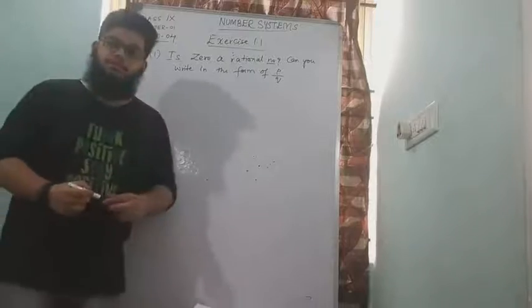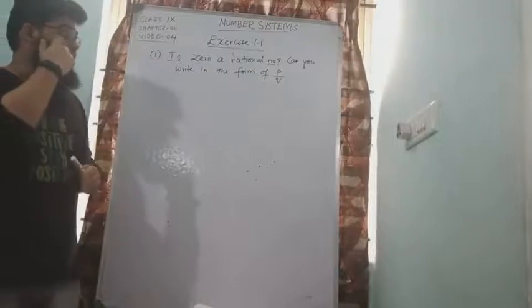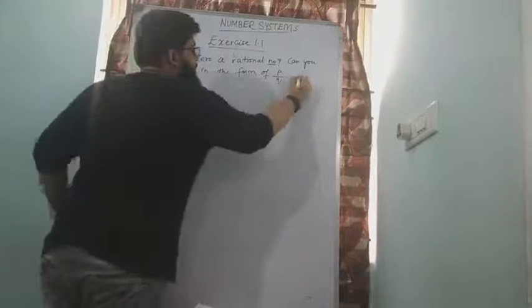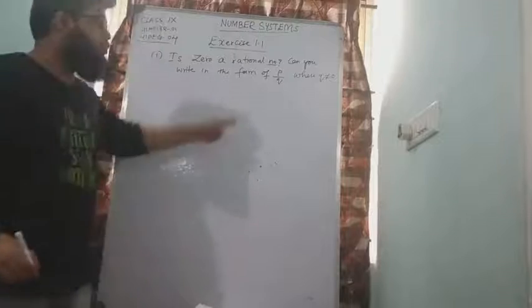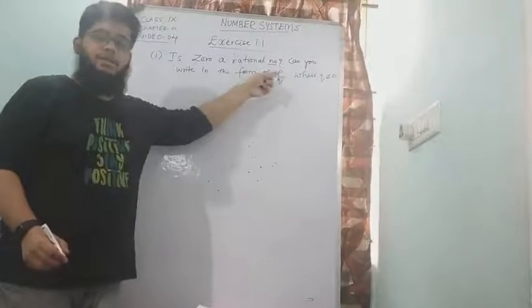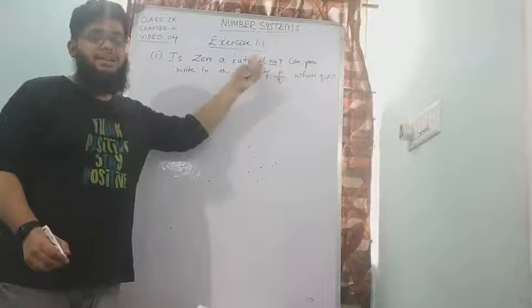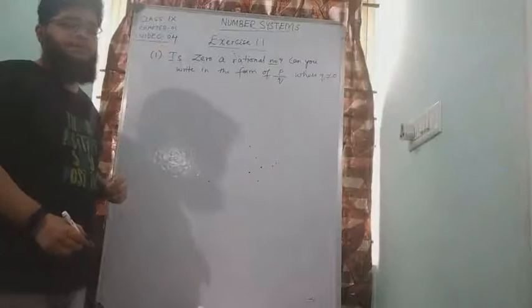This is the question. So, is 0 a rational number? Can you write it in the form of P by Q, where the value of Q cannot be 0? Why should Q not be equal to 0? Because the entire answer will become undefined. We have learned that, and if it becomes 0, that time there is no rational number at all. So, we'll focus on the first part of the question.